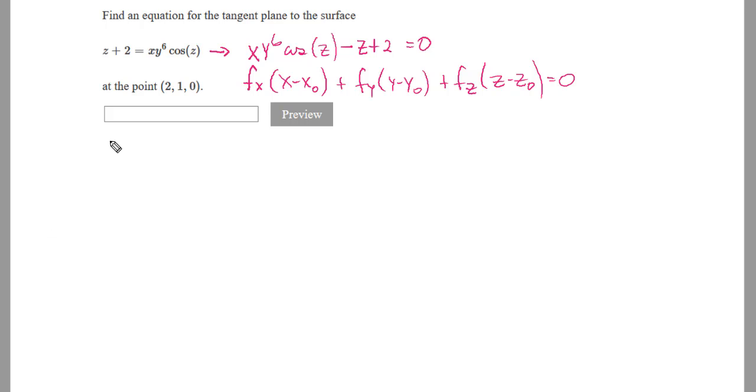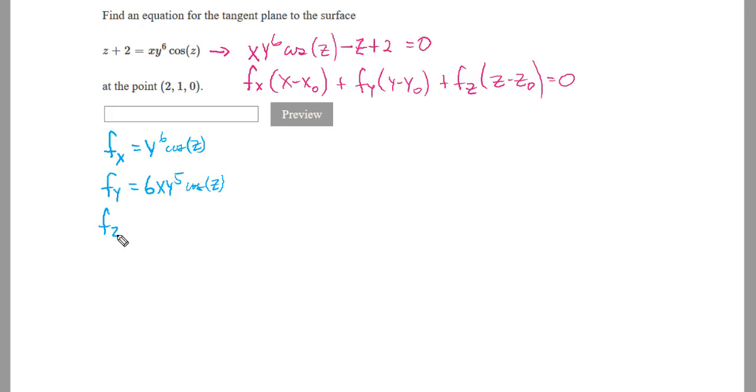So the partial with respect to x would be, for this, the coefficient of x, which would be y to the 6 cosine z, and 0 and 0. The partial of y, then, would be, by the power rule, copy down the x and the cosine z, 6y to the 5 cosine z.